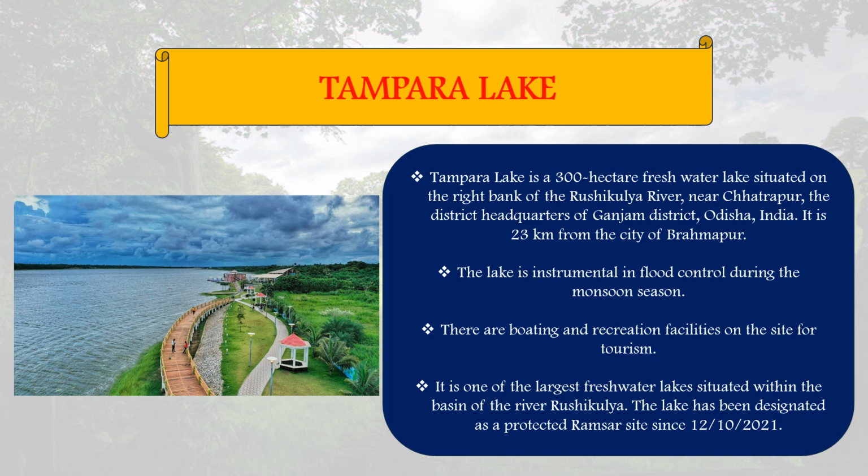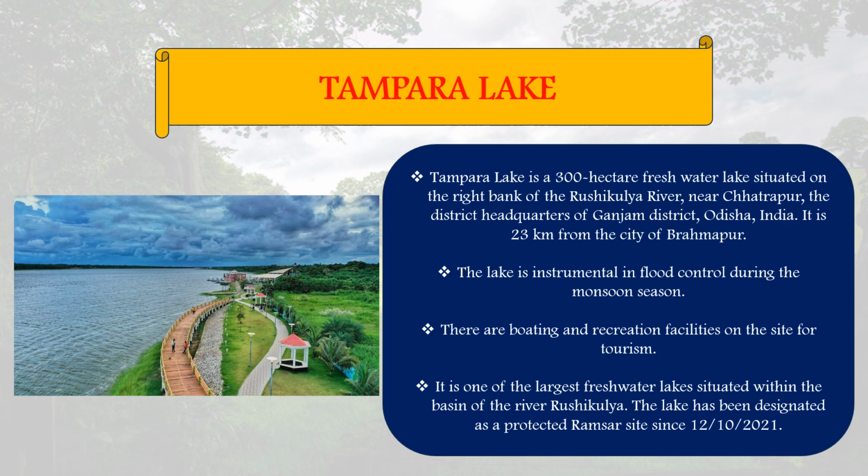It's 23 kilometers away from the city of Brahmapur or Berhampur, and the lake is instrumental in flood control during the monsoon season. And there are boating and recreational facilities on the site for tourism.